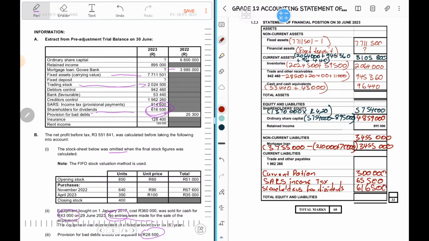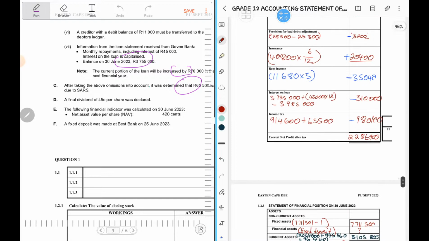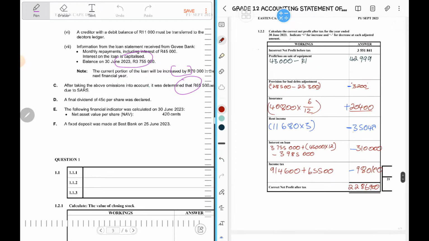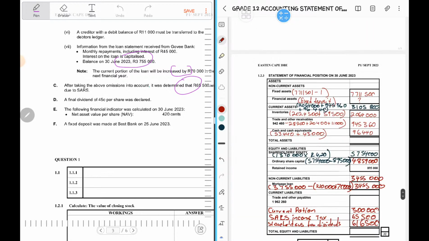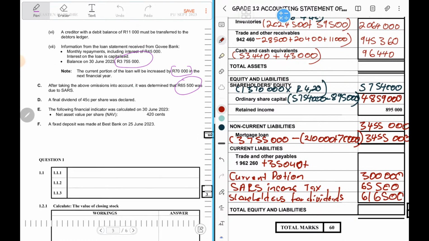616,500. Okay. Then next up, you remember last time we were having the rent income received in advance, so we're going to bring it here as well. So we're going to add 35,040. Then we are also going to add what? Remember, we're told that a creditor has a debit balance of 11,000.